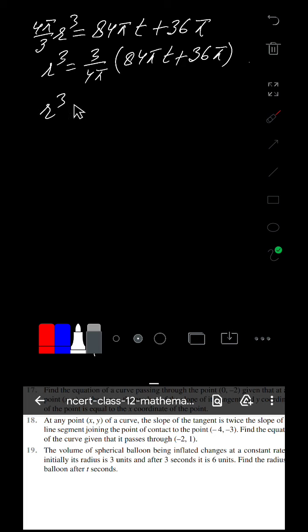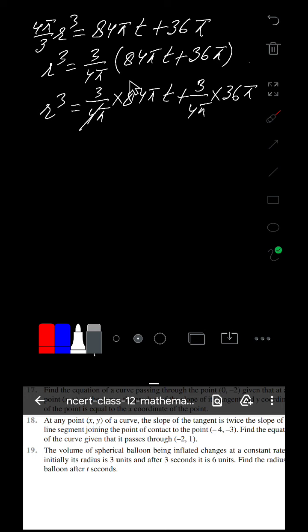So r cube is equal to, open the bracket, this will multiply both the terms. So 3 upon 4 pi multiplied by 84 pi t plus 3 upon 4 pi into 36 pi. 4 will cancel 84 21 times and pi is cancelled by pi. Here 4 will divide 36 9 times and pi is cancelled by pi.